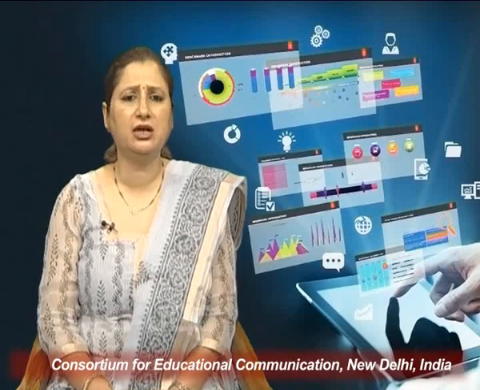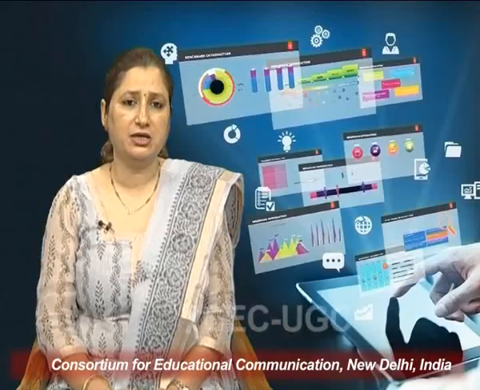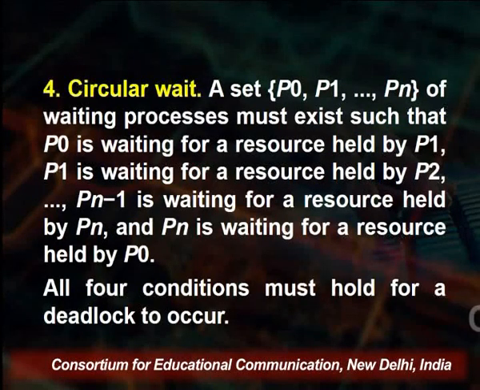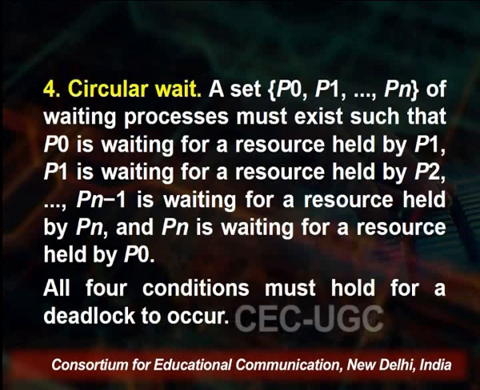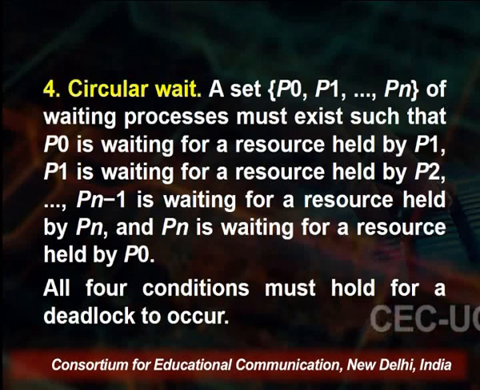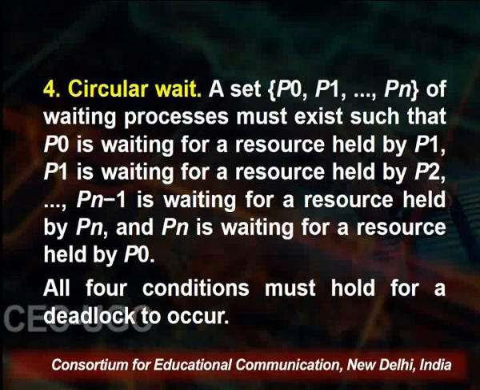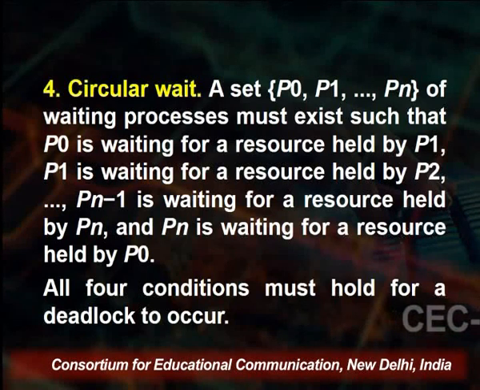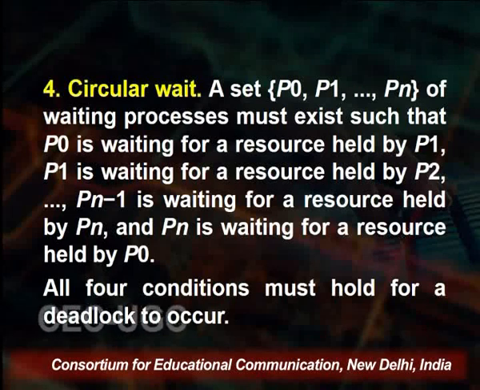And the fourth condition is circular wait. Circular wait basically means that if we have a set of n processes which are waiting, numbered P0, P1 up to Pn, they must exist such that P0 is waiting for a resource which is held by P1, and P1 is waiting for a resource which is held by P2.